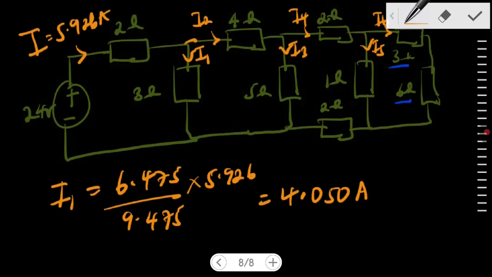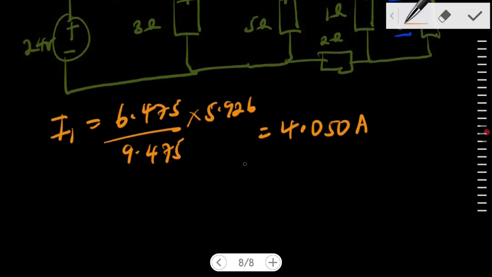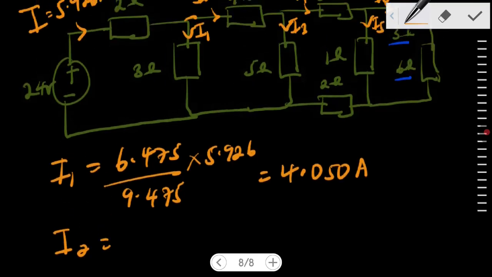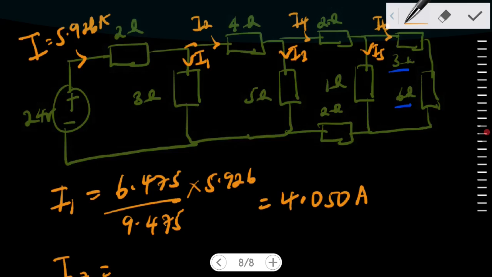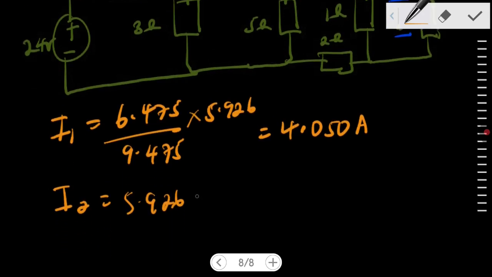Now that's I1. Now let's get I2, of which we know that for us to get I2, this would be equal to the total current, which is 5.926 minus 4.050, right? 1.876 amps, right?